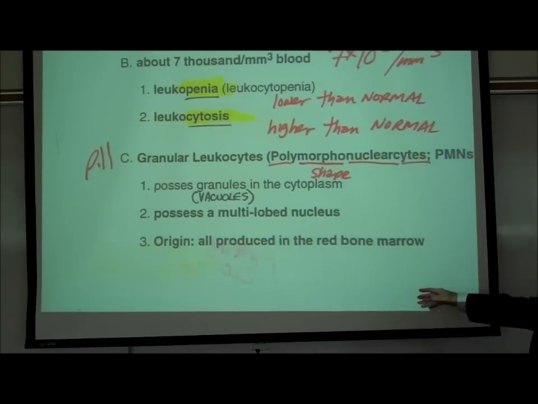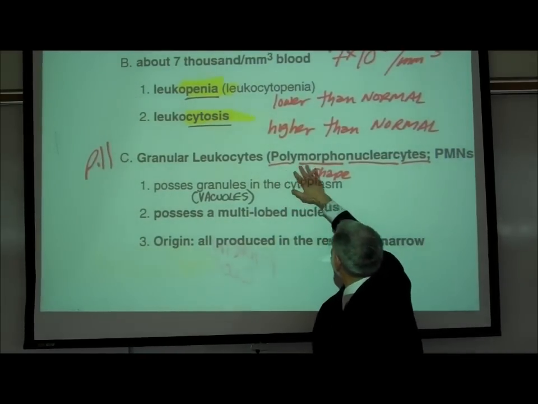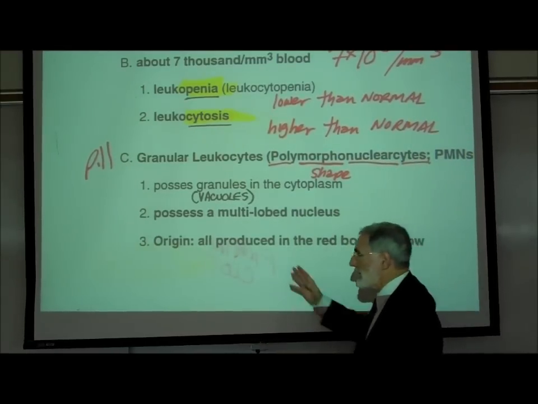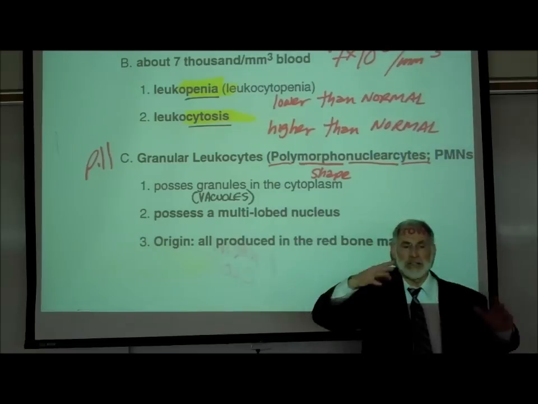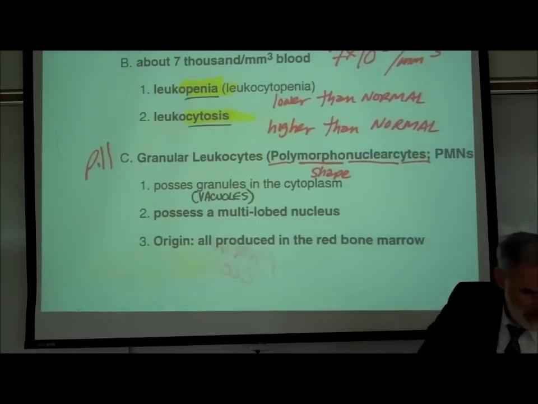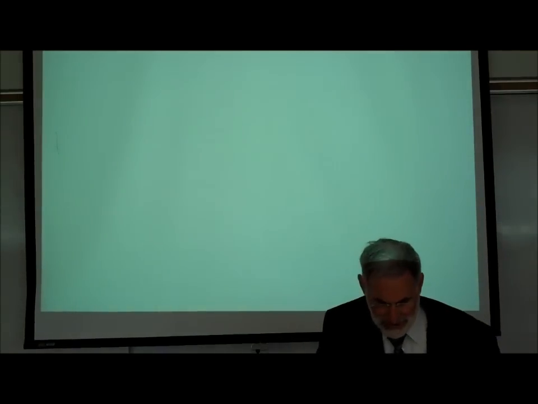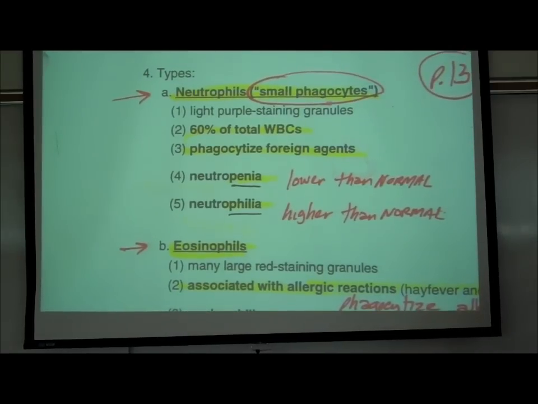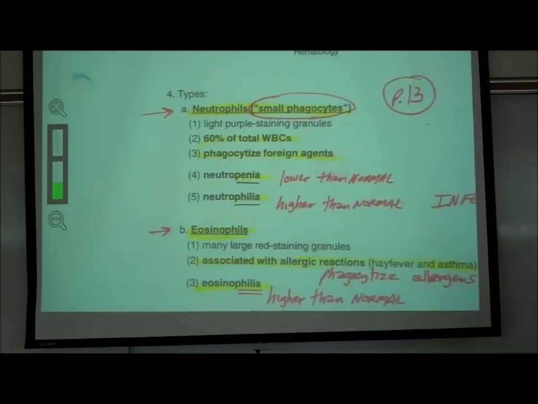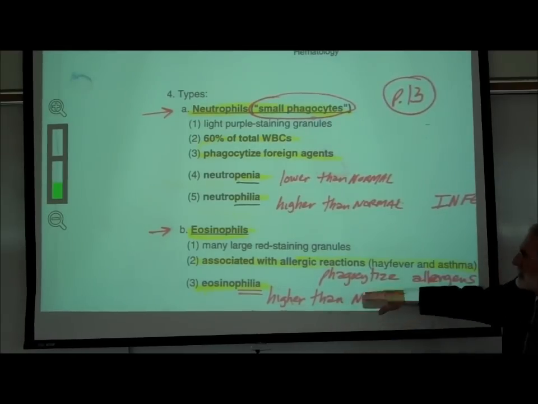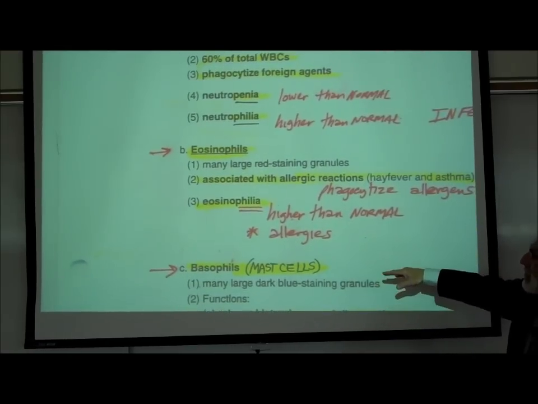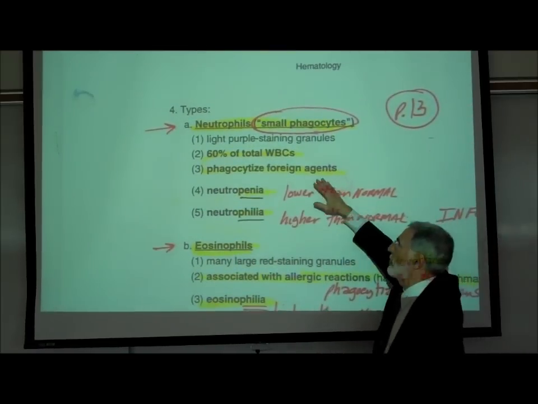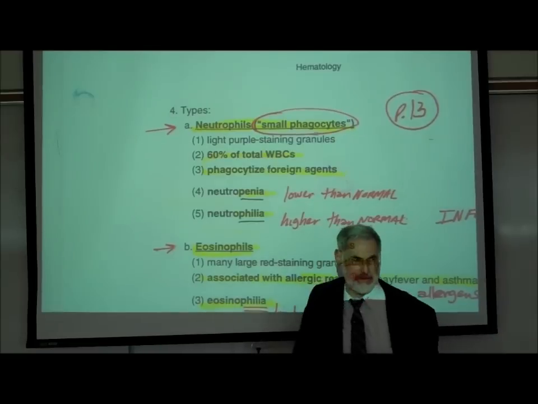And then we talk about polymorphonuclear-cytes. Polymorphonuclear-cytes, polys, are white blood cells that have multiple lobes. And we point out on page 13 that there are three types of white blood cells that are polymorphonuclear-cytes: neutrophils, eosinophils, and basophils. But we really have very few basophils and very few eosinophils, so the majority of polys are neutrophils.